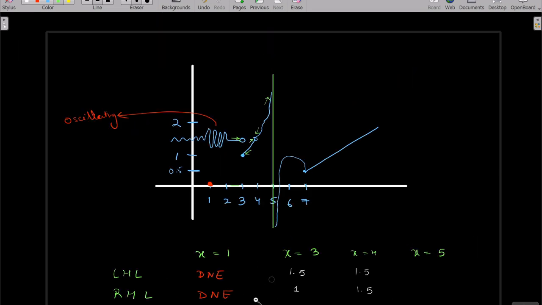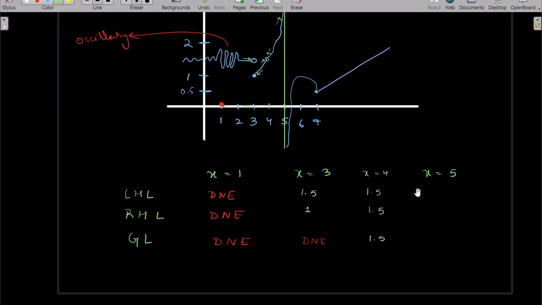So in this case, when you have a vertical asymptote and you're approaching from the left side, the value of the function is tending to positive infinity. And when you're approaching from the right side, when x is tending to 5, the function is decreasing.